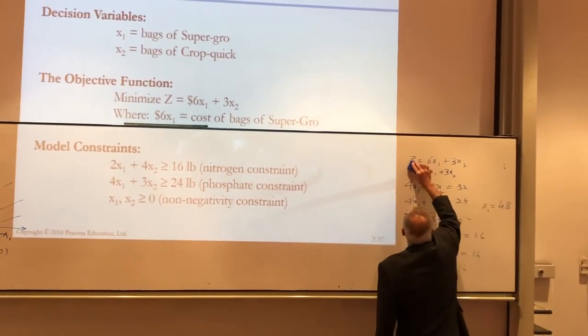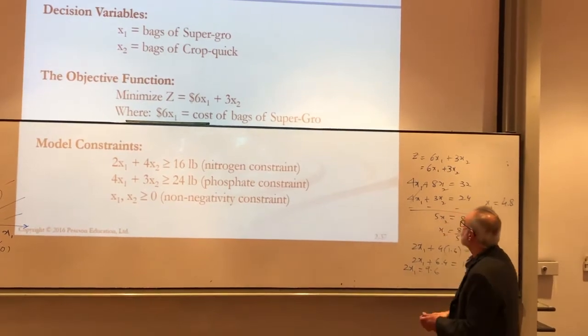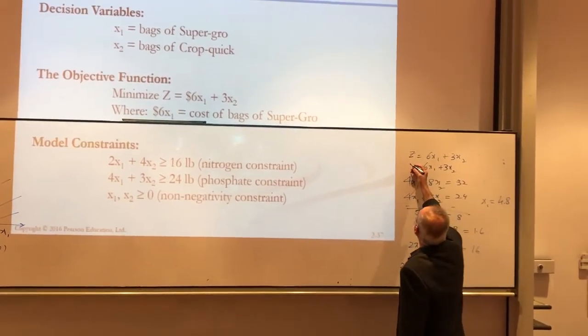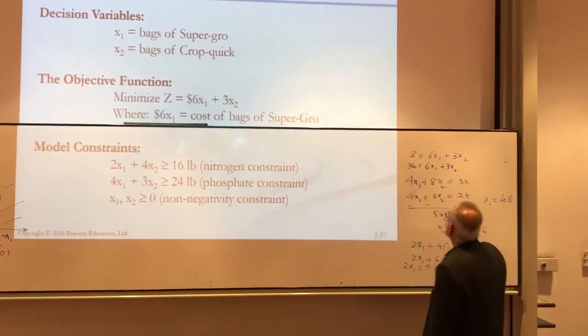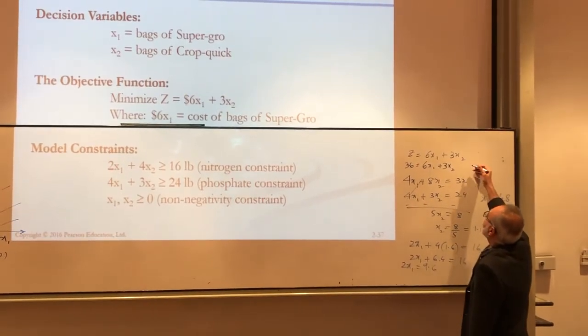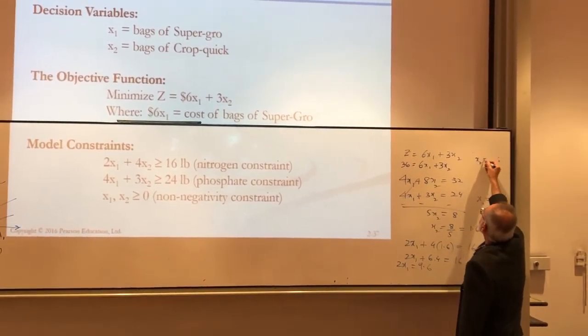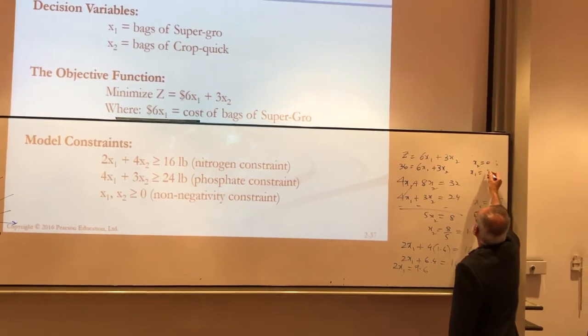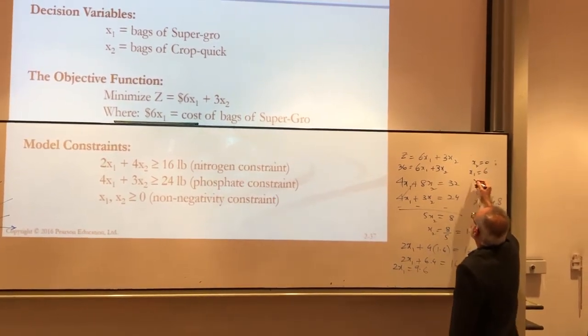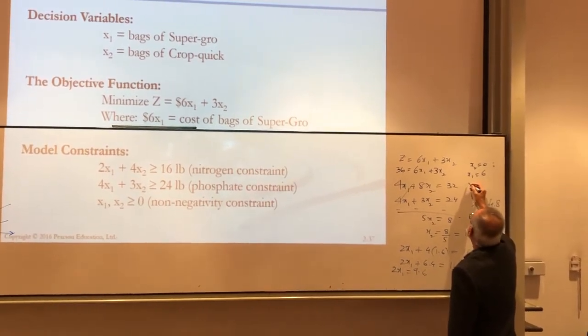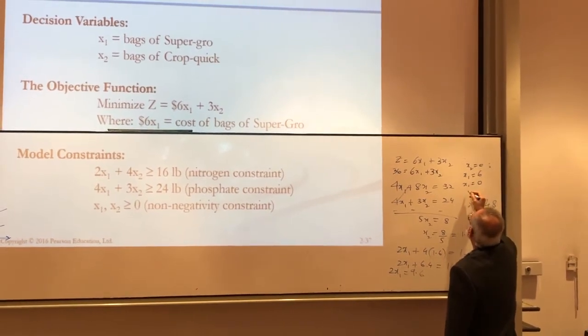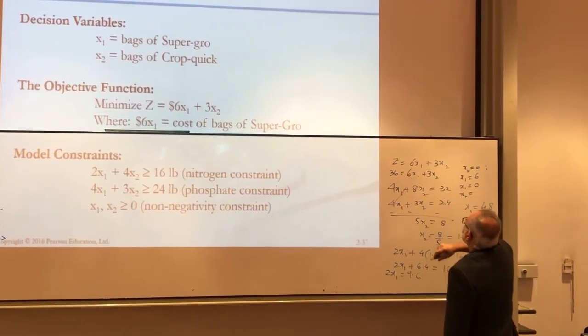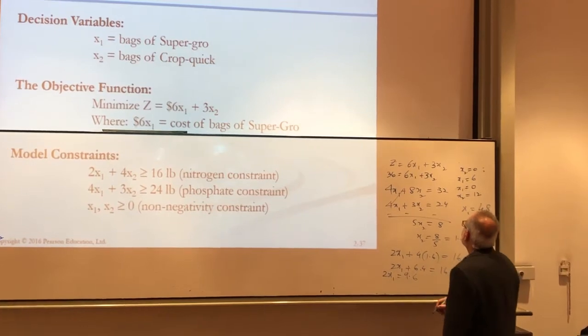Assume some value here, let's say 36. Okay, then we have when x2 is equal to 0, x1 will be 6, and when x1 is equal to 0, x2 will be equal to 12.